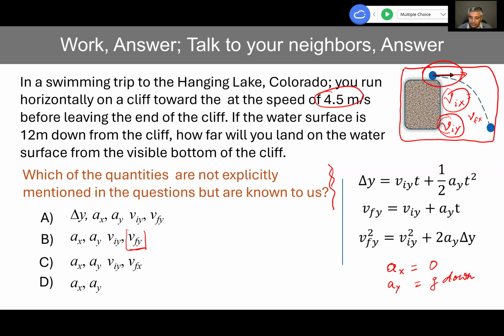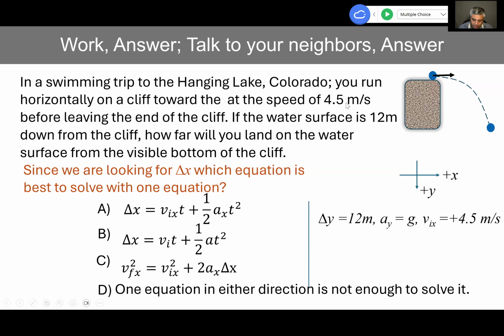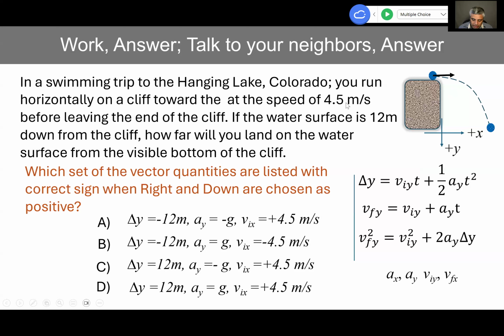So with that said, now let's see what are the things we know after we read the question. Among them, I have listed some of those. The question is the same, so you don't have to keep reading it. The statement of the question is the same, the sketch is the same. Now I am assigning the coordinates, and this is slightly different from usual.